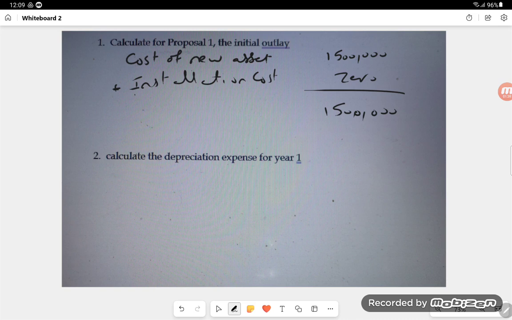Now let's move to requirement number two. Calculate the depreciation expense for year one. As mentioned in the example, this asset will be depreciated in 10 years.